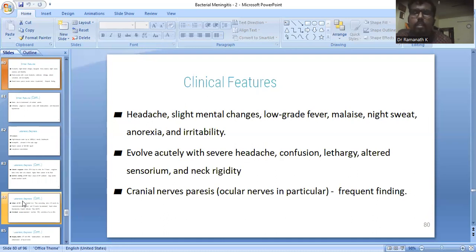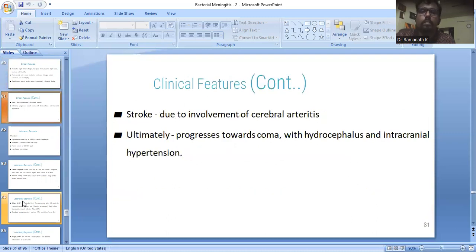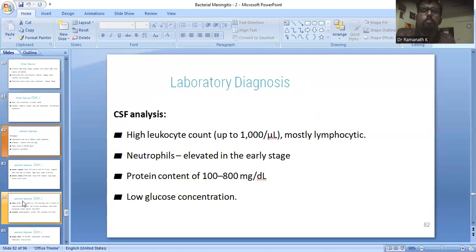Sometimes cranial nerve paralysis, the ocular nerve in particular, is a frequent finding in tubercular meningitis. Stroke may also be seen in some persons due to cerebral arteritis. Ultimately, the patient will progress to coma, hydrocephalus, and intracranial hypertension.